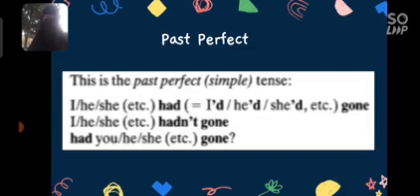For negative, I, she, he, and others had not gone. For interrogative, we can put had first: had you, had she, had he, and others gone.